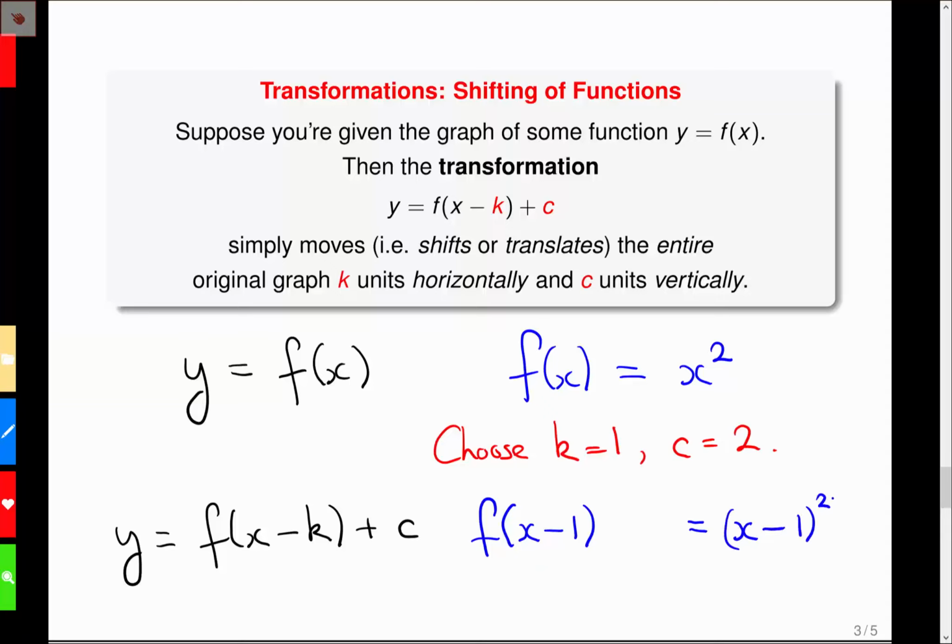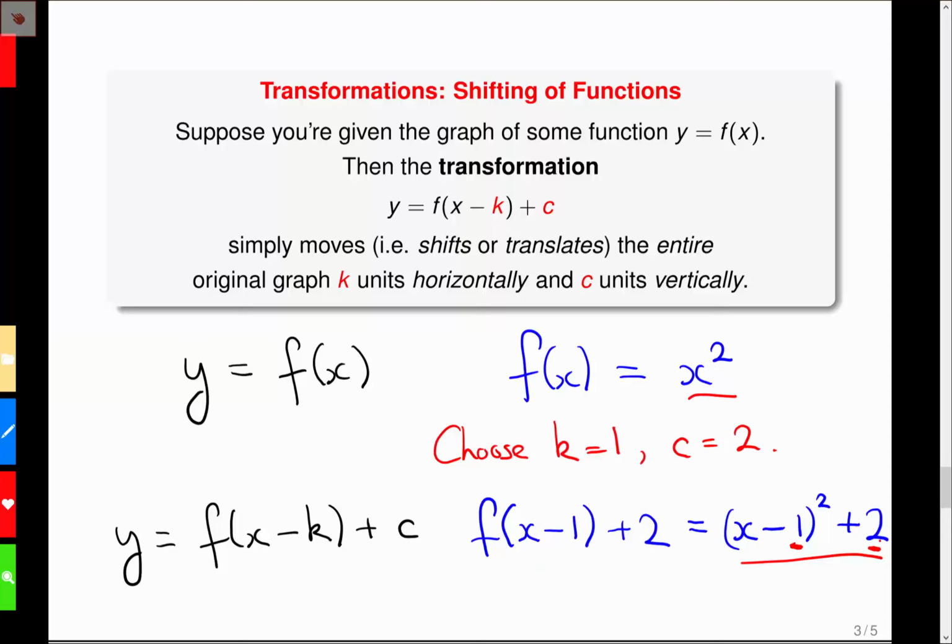Then we're going to add c, which here is 2, to the formula. The theory above then tells me that the graph of this transformed function is exactly the graph of the original function that has been shifted 1 unit to the right and 2 units upwards.